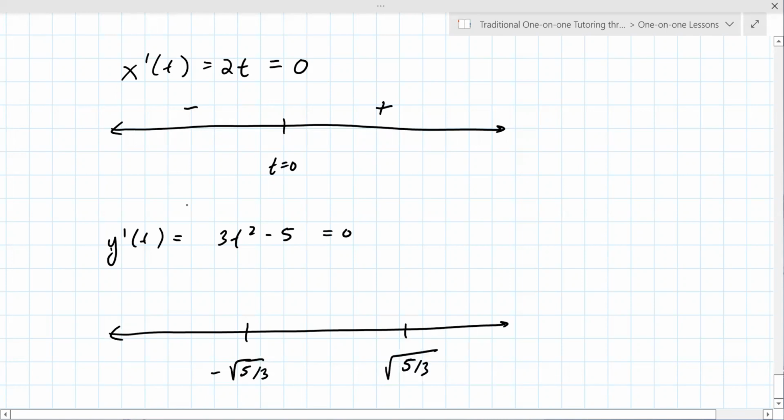Since it's a parabola, you can do your sign charting, but parabolas go down and then up. Okay, so up and to the right probably means both derivatives are positive. Let me see.